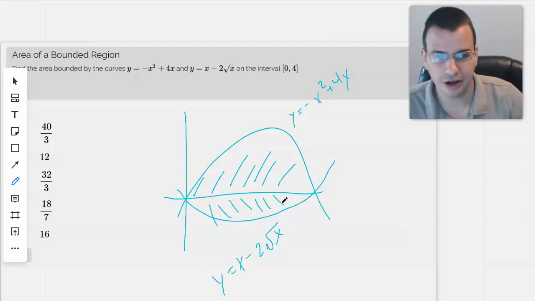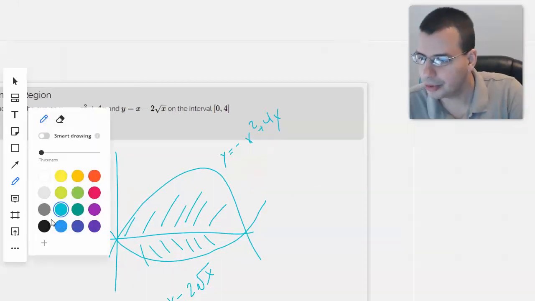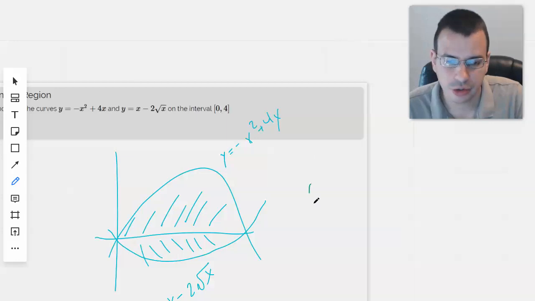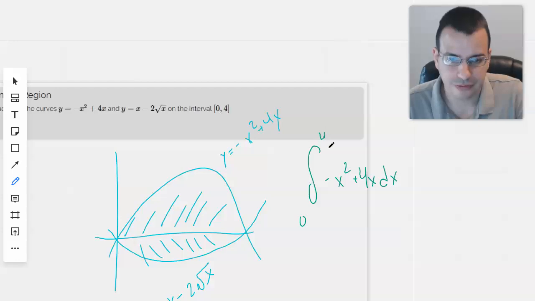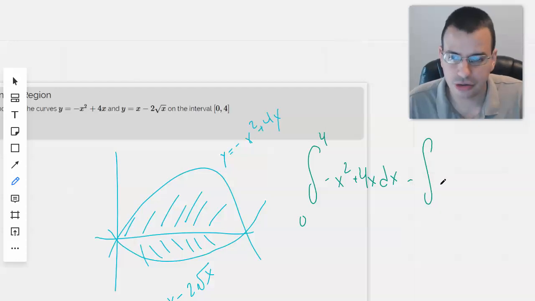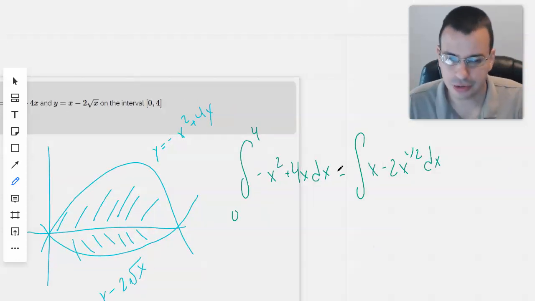And when I say area of, what I really mean is integral. So integral of negative x squared plus 4x dx, from 0 to 4, minus integral of x minus 2. I'm going to write this x to the 1/2 just because it makes it more obviously the power rule, easier for me to visualize.